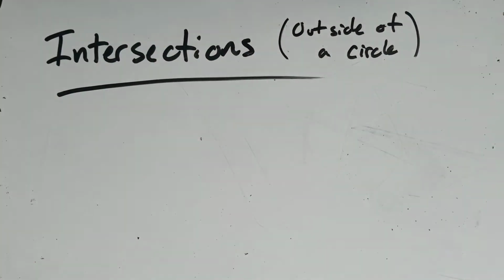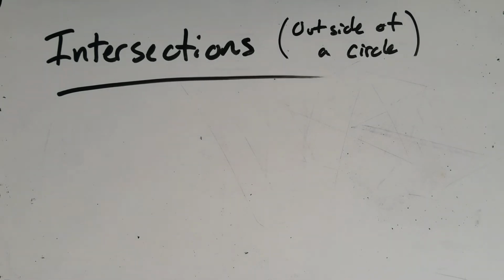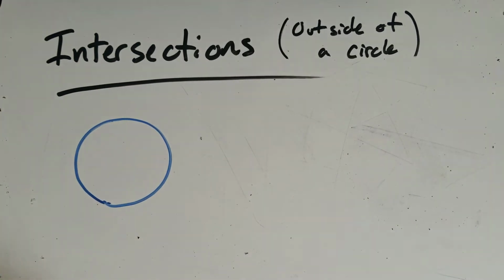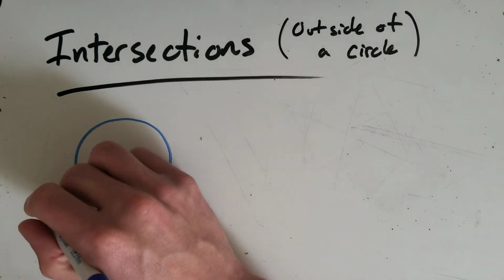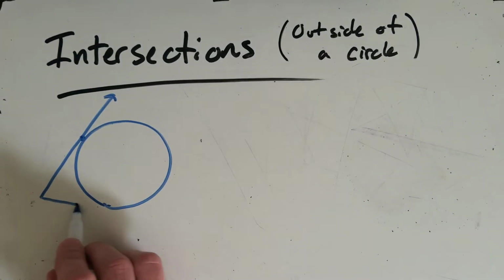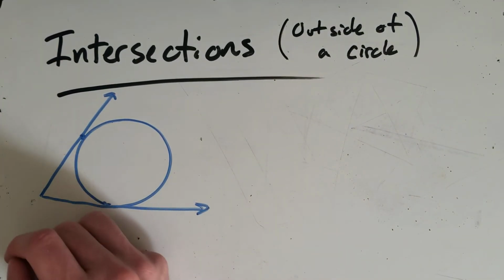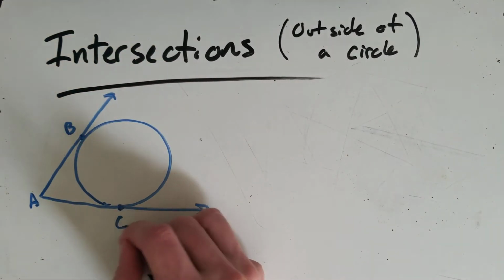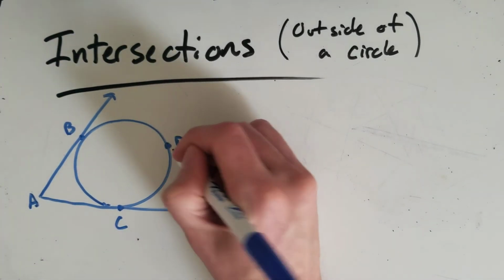And our third scenario is, instead of having two secants, or a secant and a tangent, if we have two tangents. So two tangents would look like this. There's one tangent. There's two tangents. So it would be like A, B, C, and we'll throw a point D here.